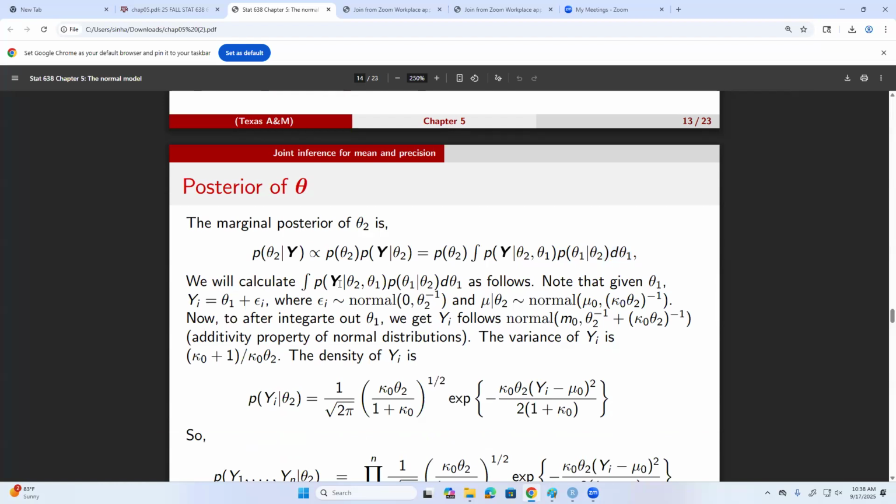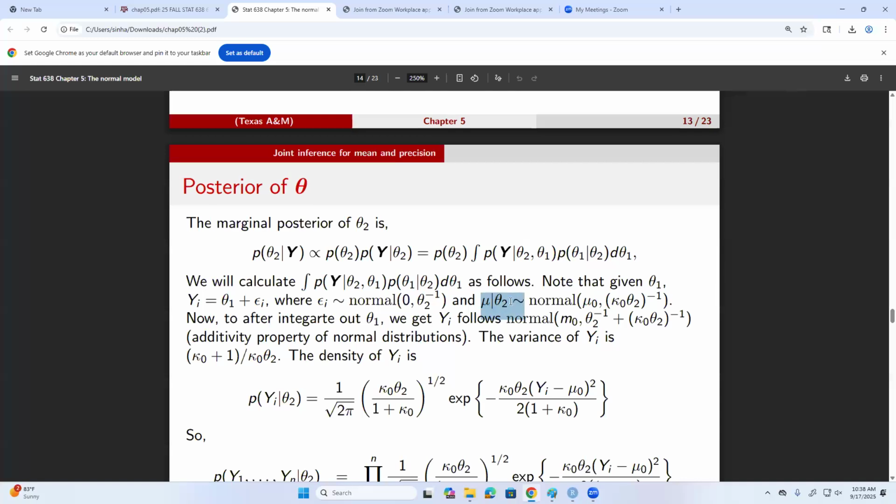So we will calculate this quantity as follows. Note that given theta 1, we can write the observation yi as theta 1 plus epsilon i, where epsilon i follows a normal distribution with mean 0 and variance theta 2 inverse. Now, this is a typo: instead of mu, it should be theta 1.